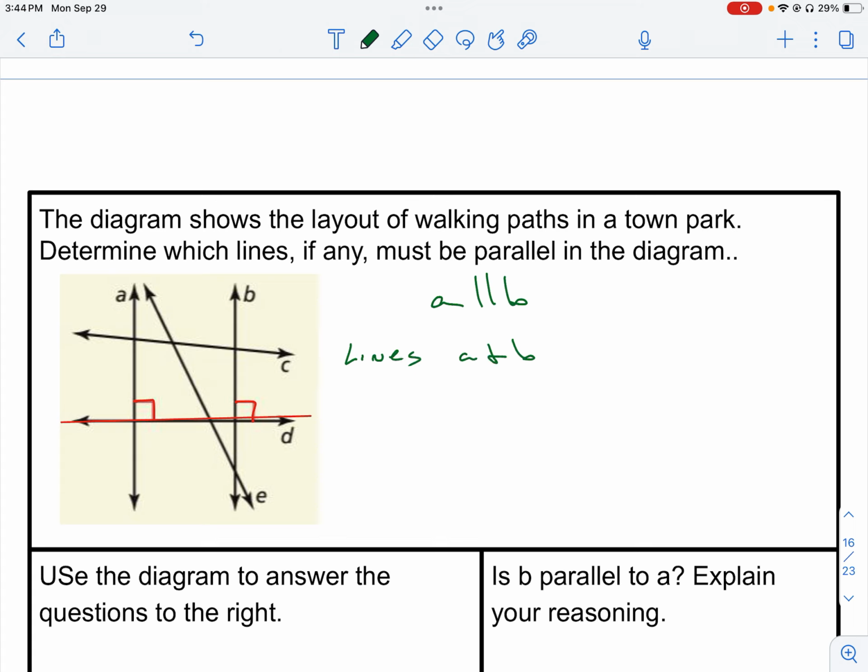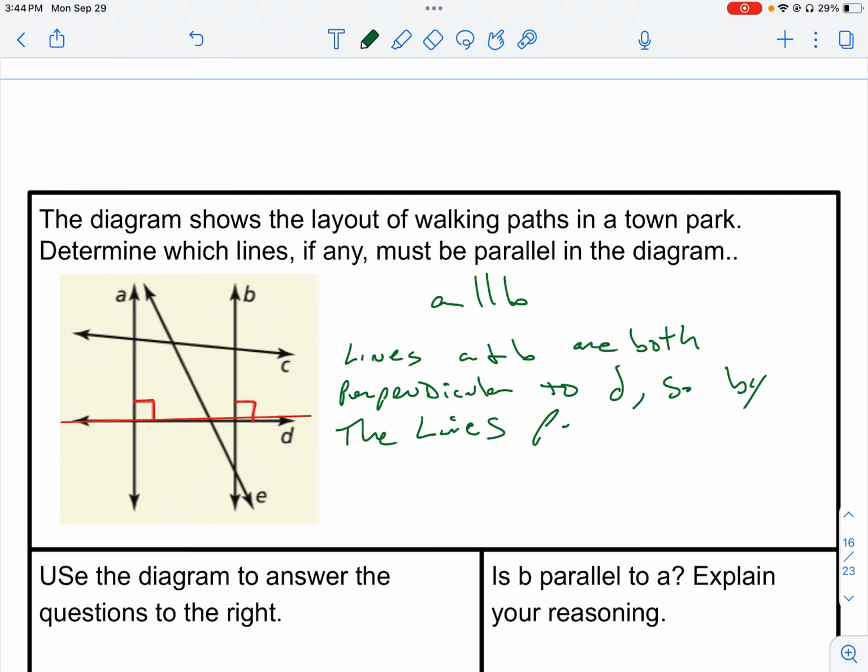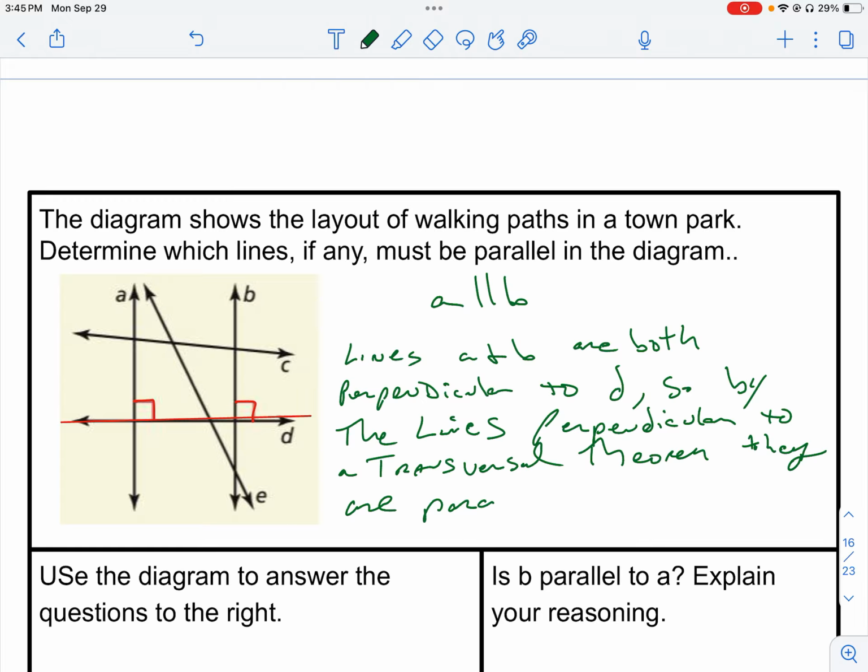Because lines A and B are both perpendicular to D. So by the lines perpendicular to a transversal theorem, they are parallel.